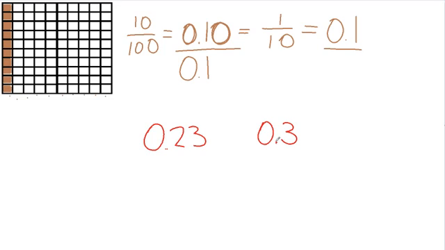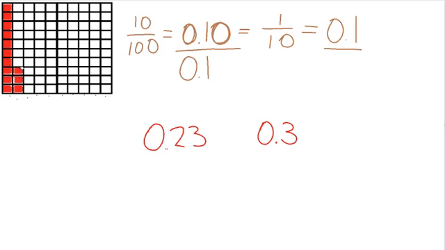Well, some people might think that 23 looks bigger than 3, but don't get tricked by that. Okay, let's look at this in the actual visual model. I'm going to put the 23 hundredths up in here.